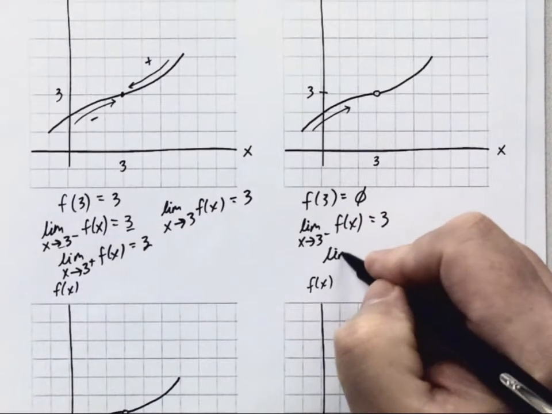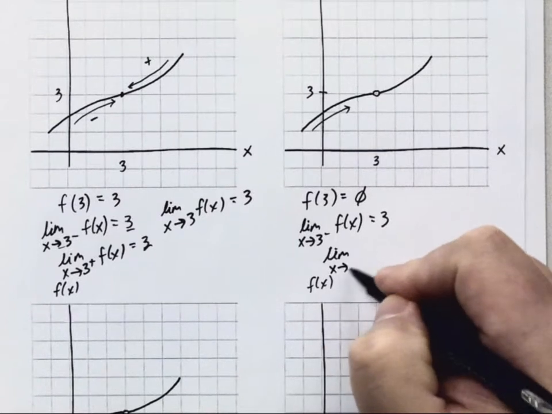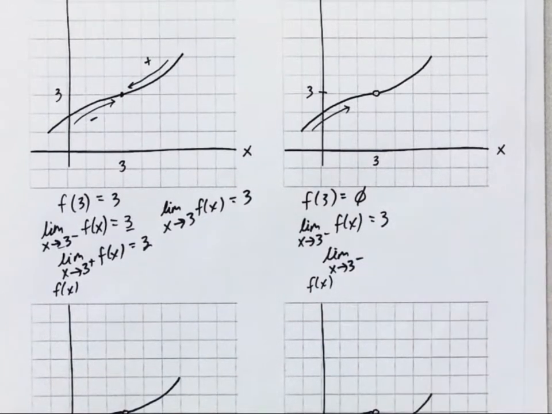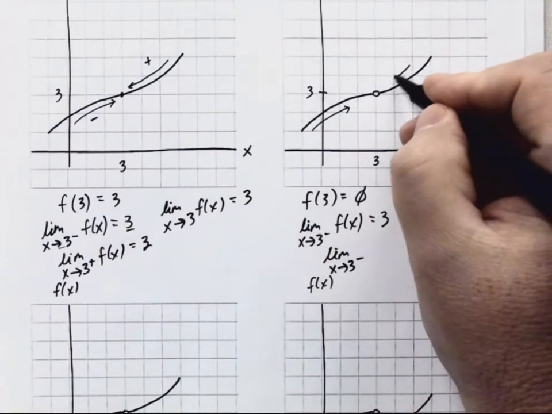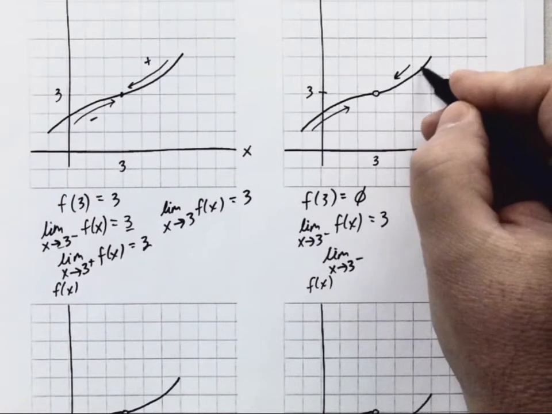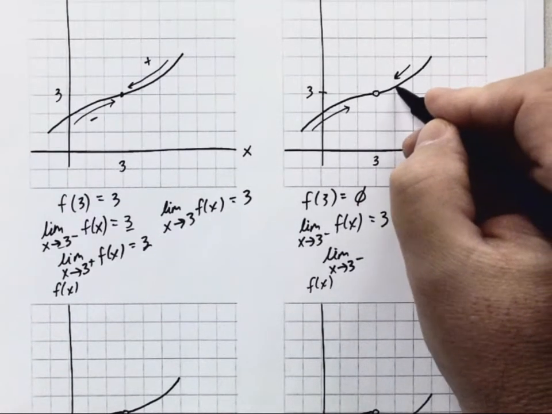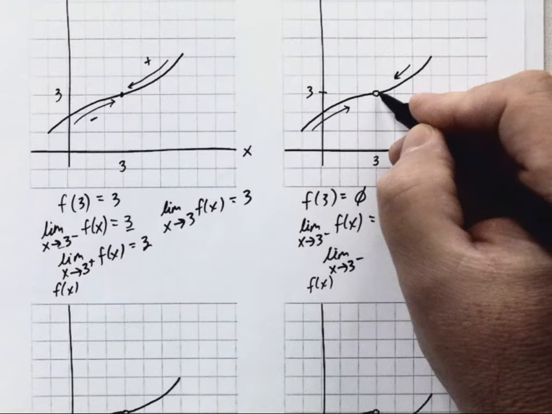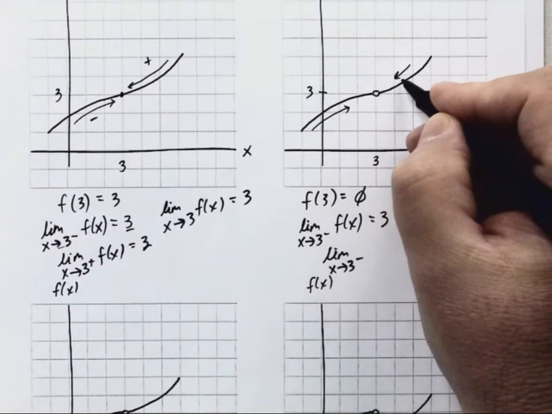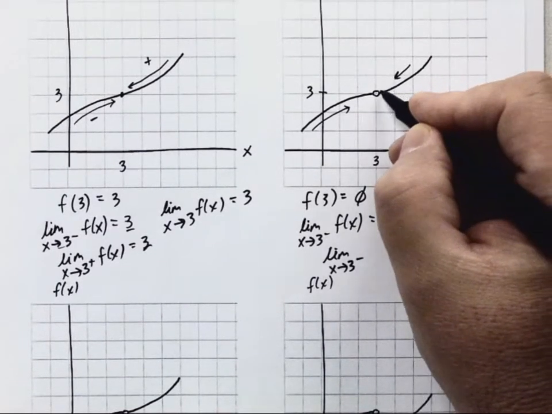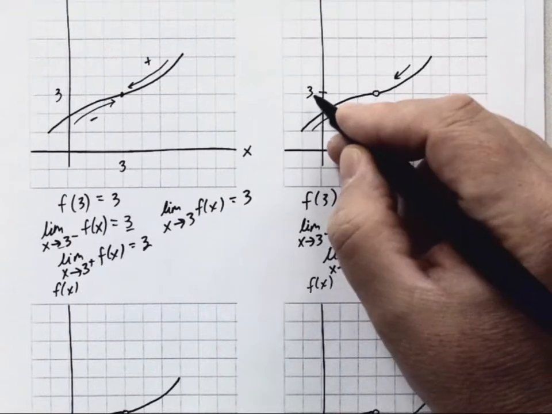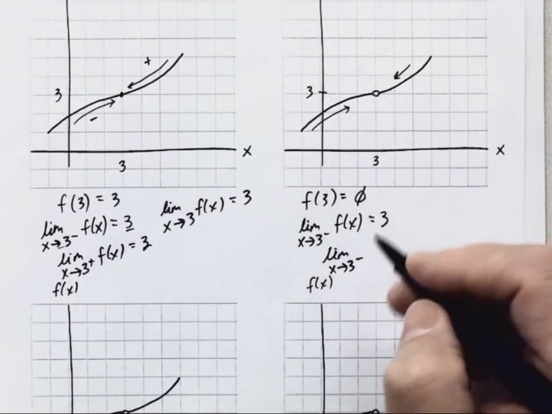And if I look at the same thing coming from the positive or high side, so as I'm going here and as I'm getting closer and closer to 3, as x gets closer and closer to 3, what is my function getting close to?